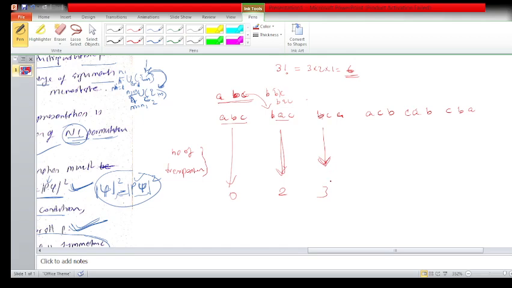So it depends on this number of transpositions. In each case we have to calculate these transpositions, then only we'll get this.